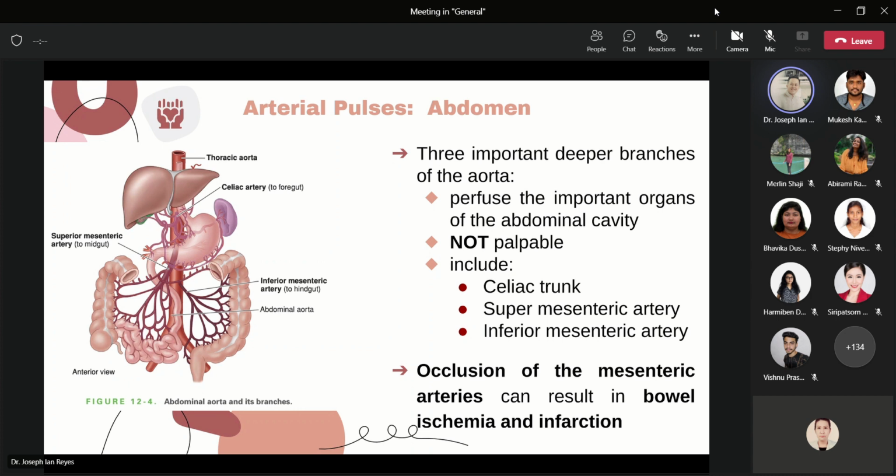Then you have your hindgut for the inferior mesenteric, which will be the remaining parts: the descending, the sigmoid, and the rectum. All right. Then we go to the pulses of the legs.